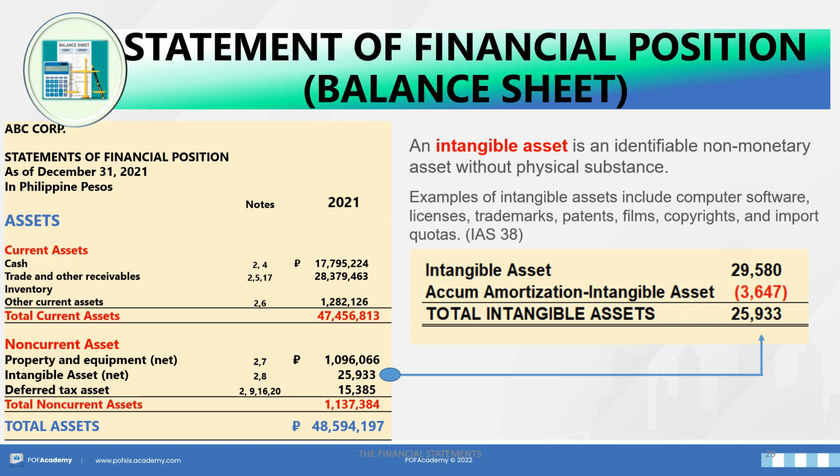Same with property, plant, and equipment, its value eventually declines based on its useful life. The difference is that on property, plant, and equipment, accumulated depreciation is the term because it is tangible, and on intangible assets, it is accumulated amortization.